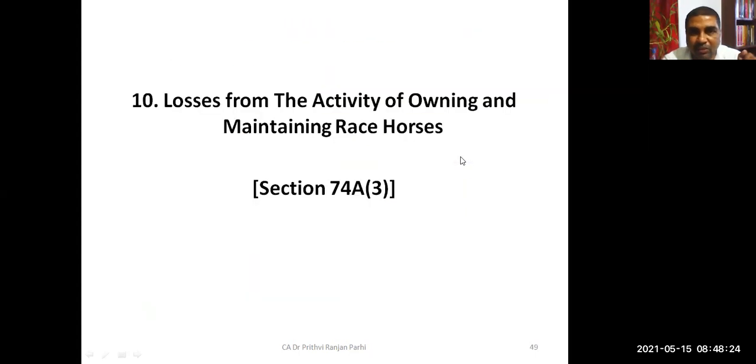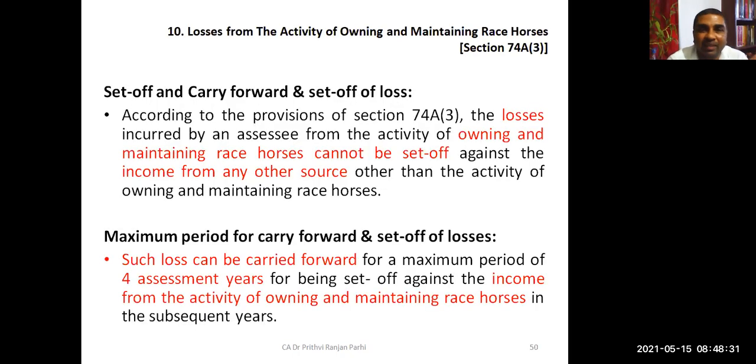These are certain exercises we had done. In the previous class, in the last part, we were discussing losses from the activity of owning and maintaining resources, and carry forward of those losses. In that context, we discussed Section 74A(3): the losses incurred by the assessee from the activity of owning and maintaining resources cannot be set off against income from any source other than the activity of owning and maintaining resources.